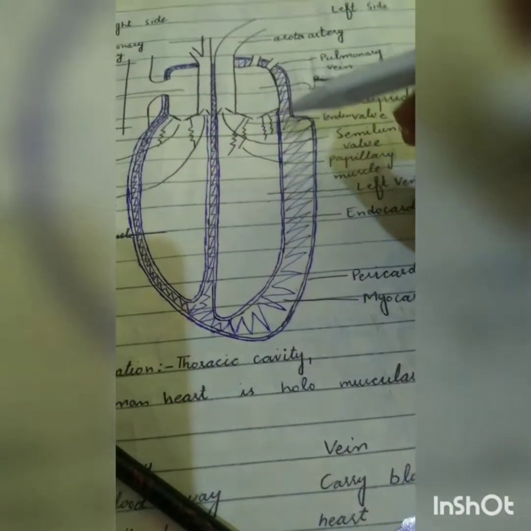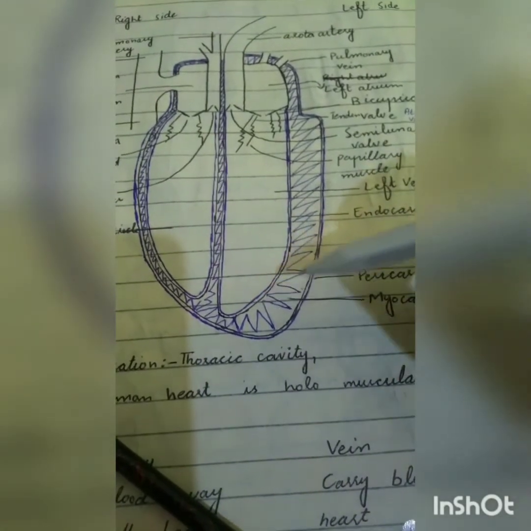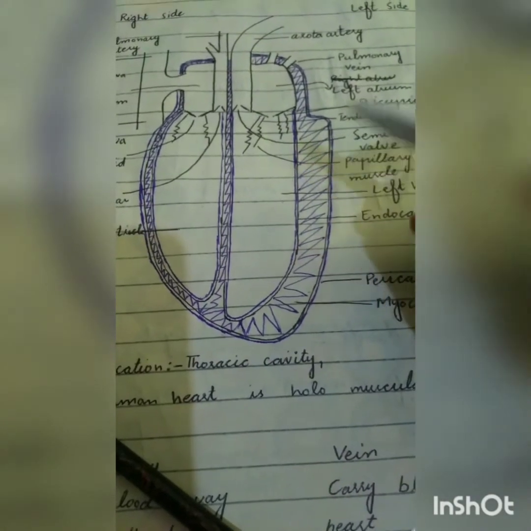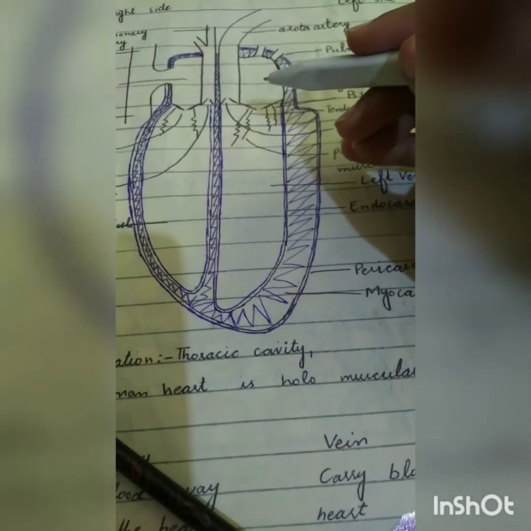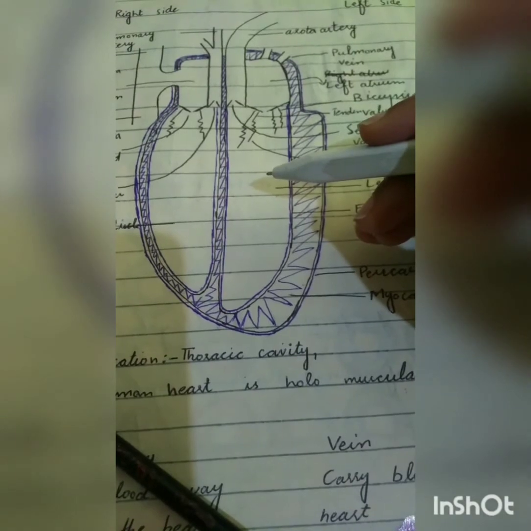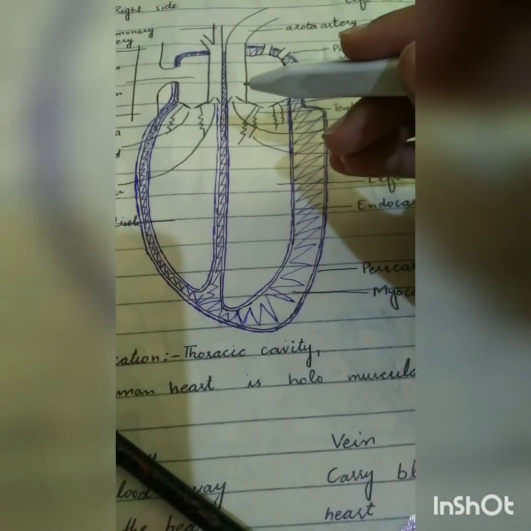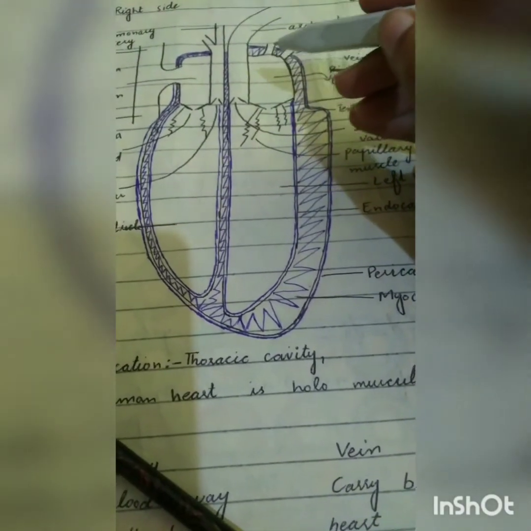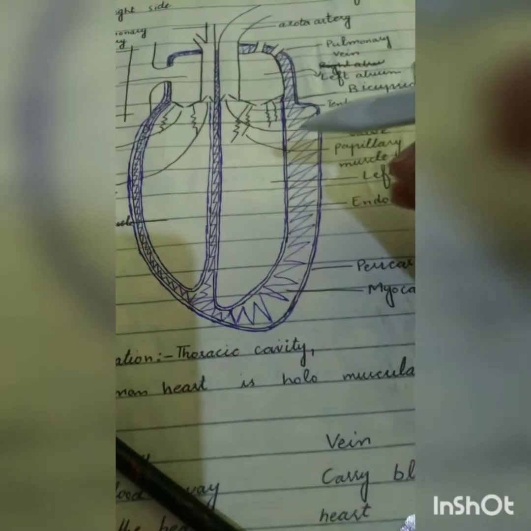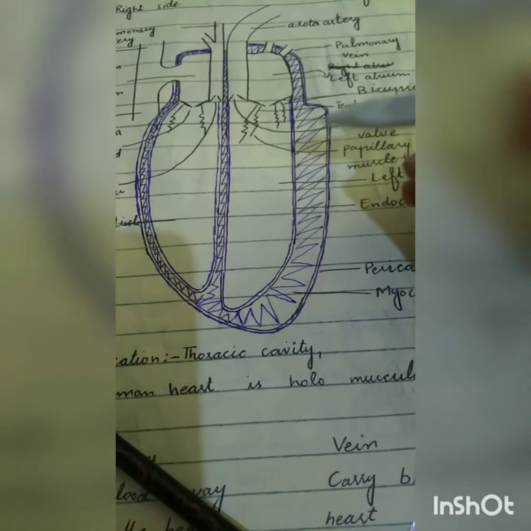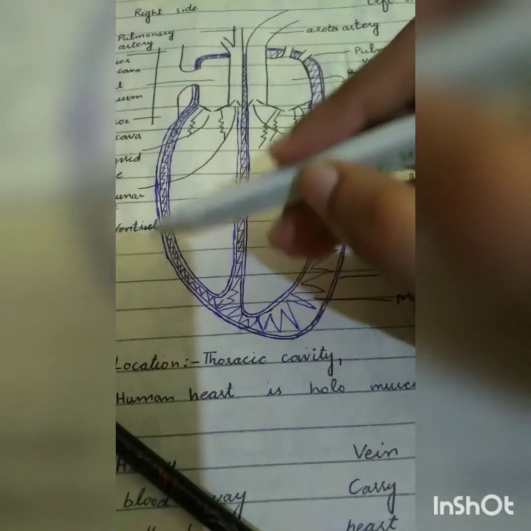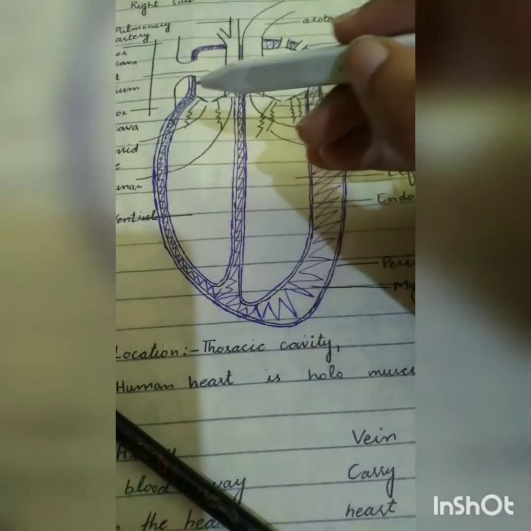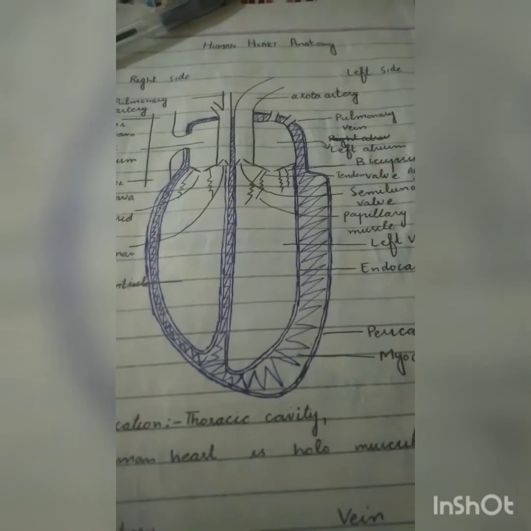And this thicker muscular wall of myocardium tissue supplies strength to the left atrium and left ventricle to pump blood to all parts of the body. That's why the muscular wall of the left side is thicker and the muscular wall of the right atrium and right ventricle is thinner. The human heart is surrounded by 3 layers.